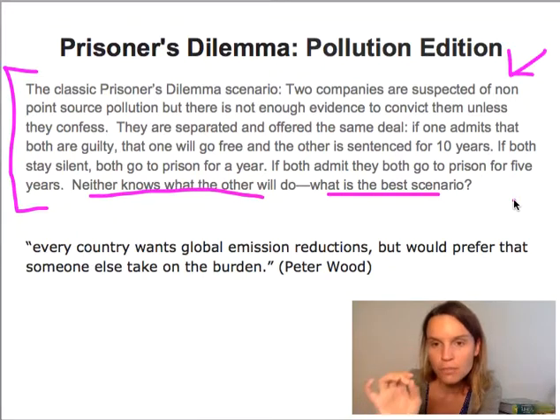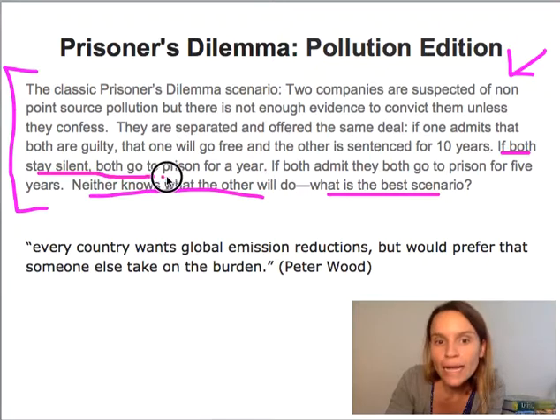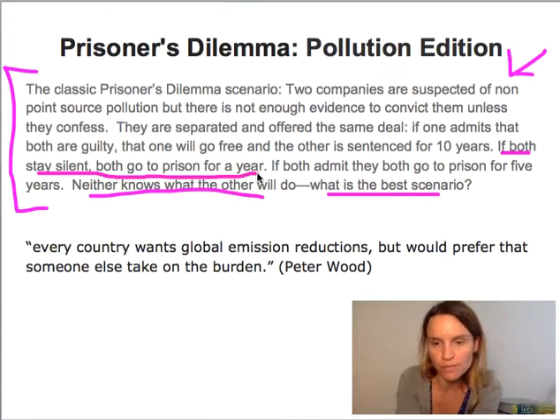And in the pollution edition of Prisoner's Dilemma, there's a secret third option, which is if both stay silent, the prescribed punishment is that both would go to prison for a year. But in reality, when a big company stays silent about its pollution, it can throw lawyers at the legal problems that pollution creates for years and really never have to face any significant consequences for what they're doing.